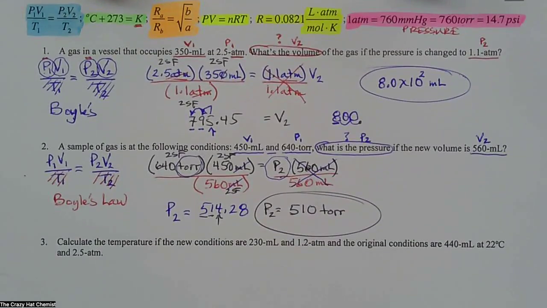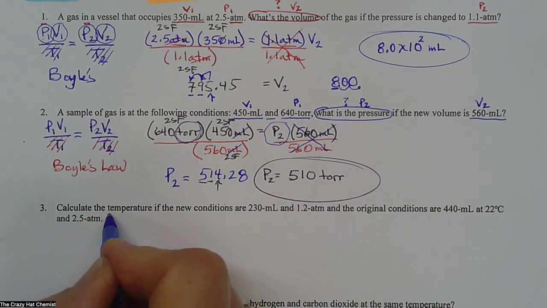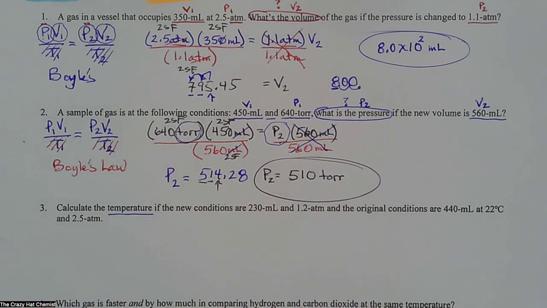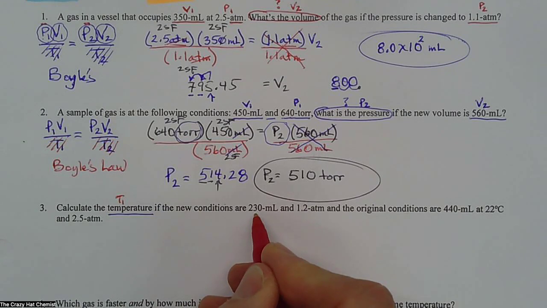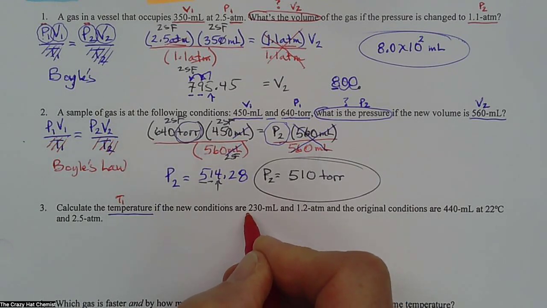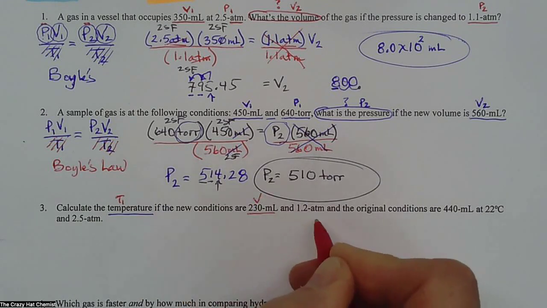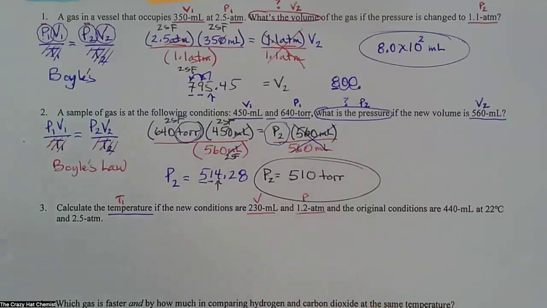All right, let's take a look at number 3. It says calculate the temperature. That's the first temperature we're coming across, so I'm going to write that as T1. If the new conditions are 230 mils, that's a volume, and 1.2 atmospheres, that's a pressure.